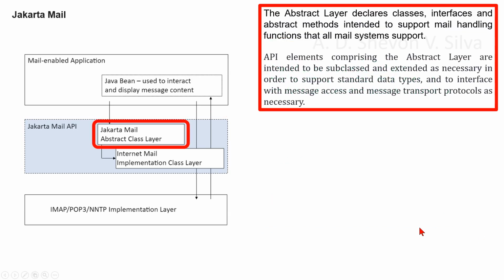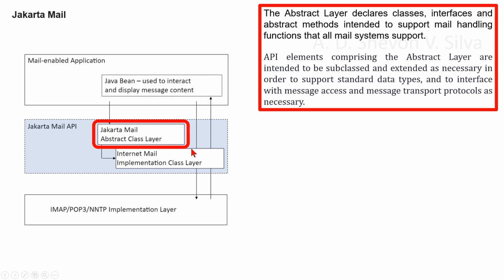Now we are focusing on the Jakarta Mail abstract class layer. The abstract layer declares classes, interfaces, and abstract methods intended to support mail handling functions that all mail systems support.